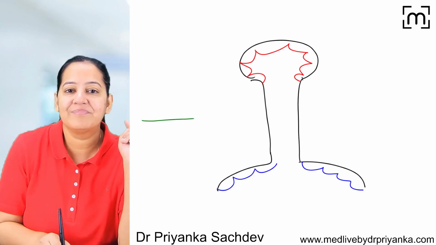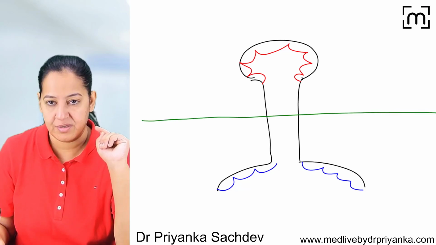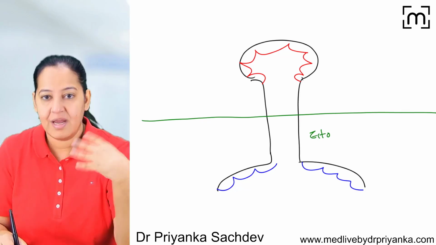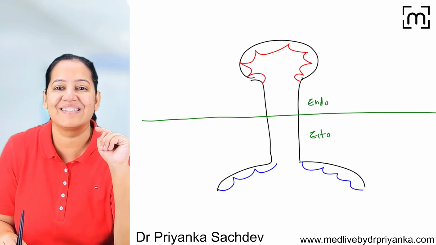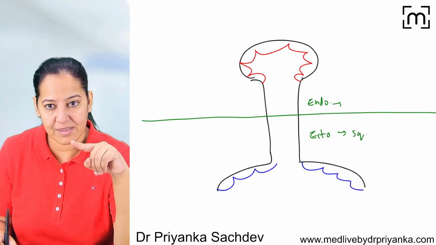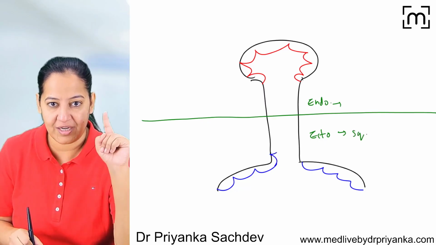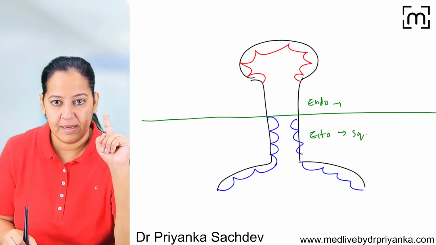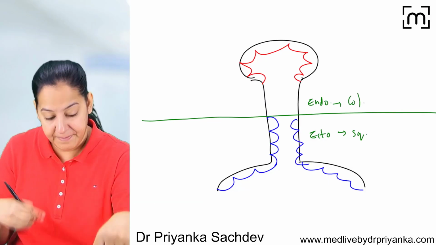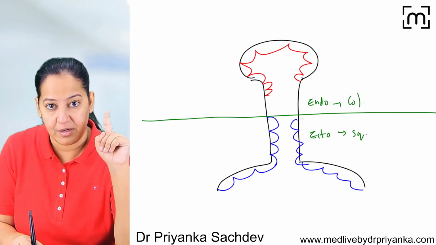Say, ma'am, both. We divide the cervix into two portions. This portion of the cervix is the ectocervix because it is outside. And this portion is the endocervix, which is inside. You can see the ectocervix is squamous because it is a continuation of the vagina. And the endocervix is columnar because it is a continuation of the uterus.